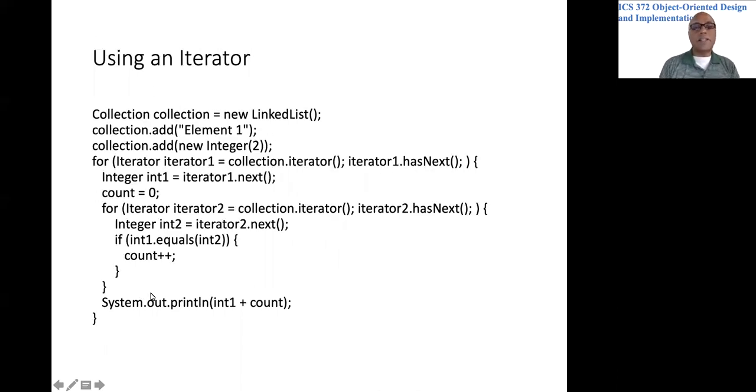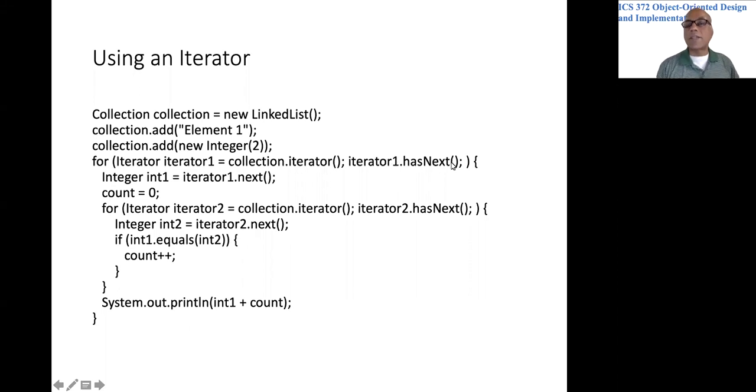And here is an example of using an iterator. Collection equals new LinkedList, add a couple of things, and you can use an iterator like this. collection.iterator returns an iterator, iterator1. As long as there is one more element that I haven't looked at, I will get it through next.